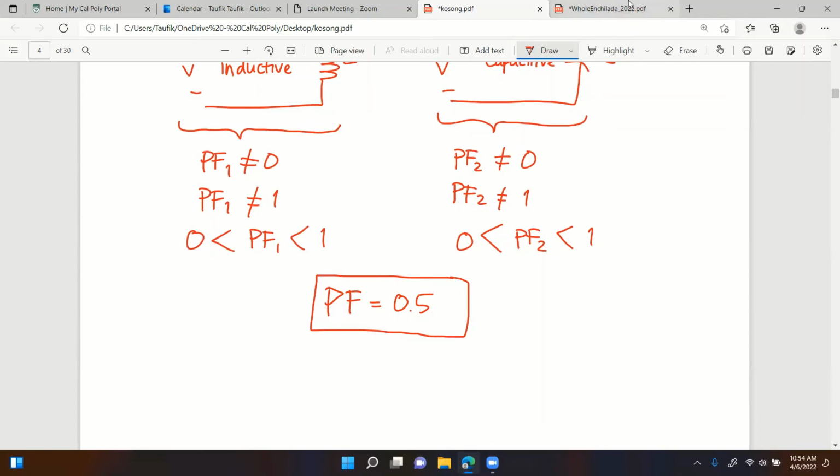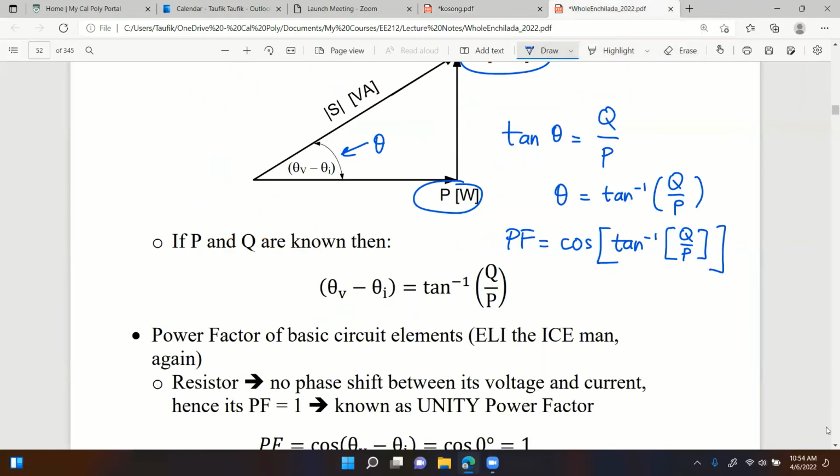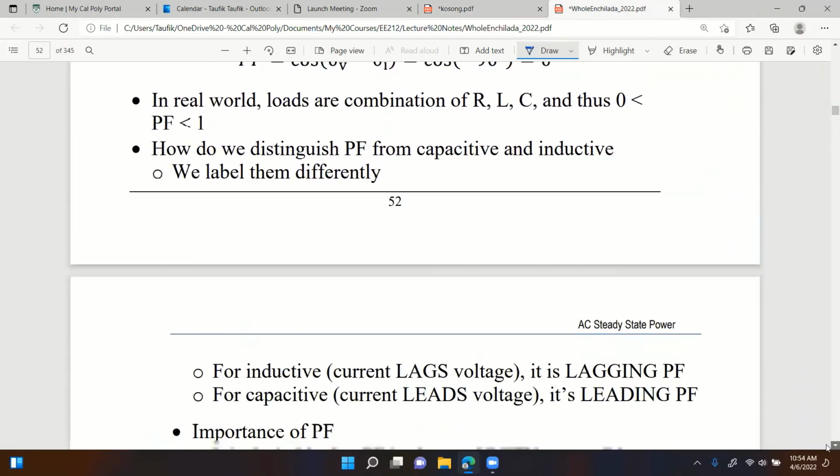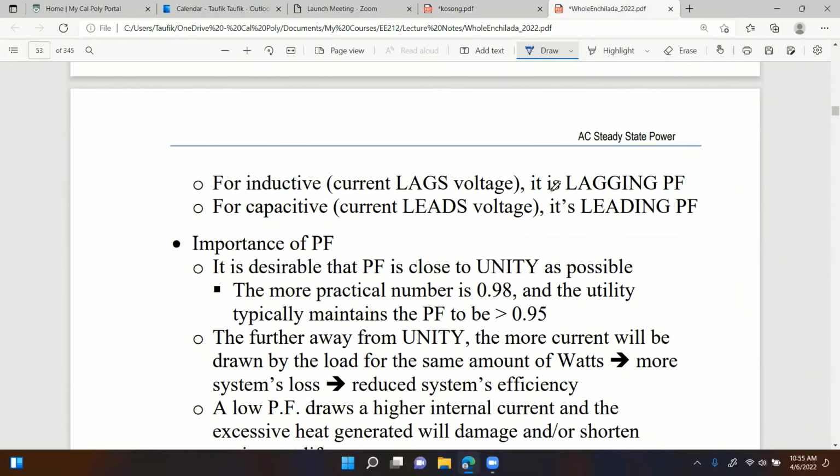Now, the labels that we use depend on the current. If the current is lagging, such as inductive, then we call it lagging power factor. If the current leads, then it's called leading power factor.